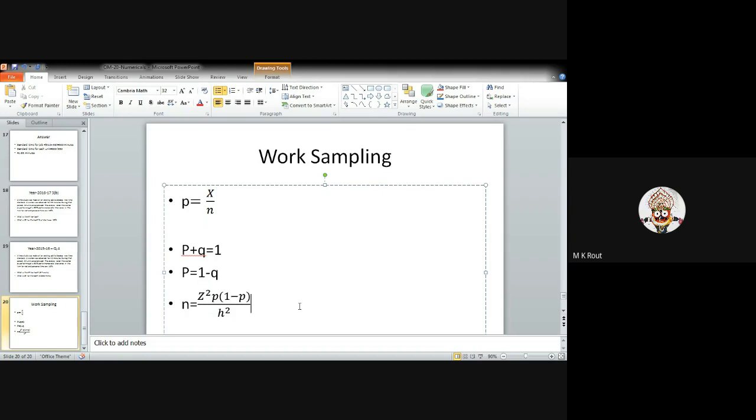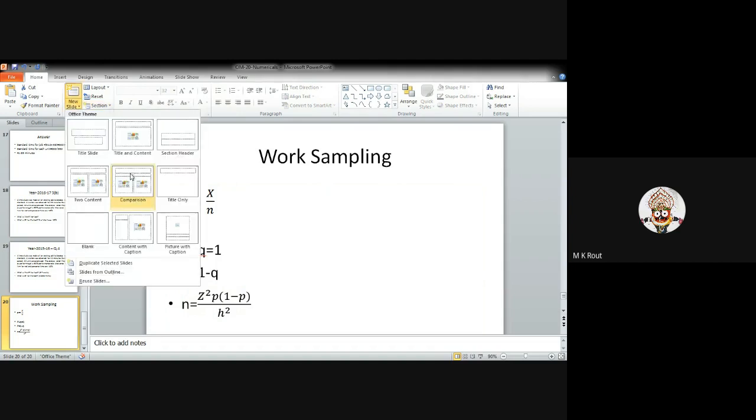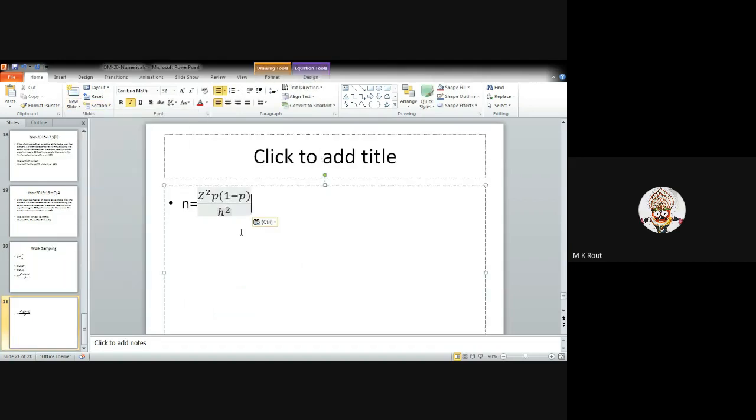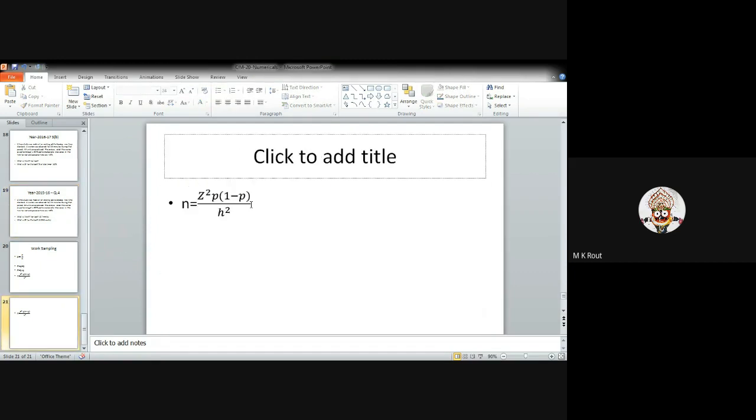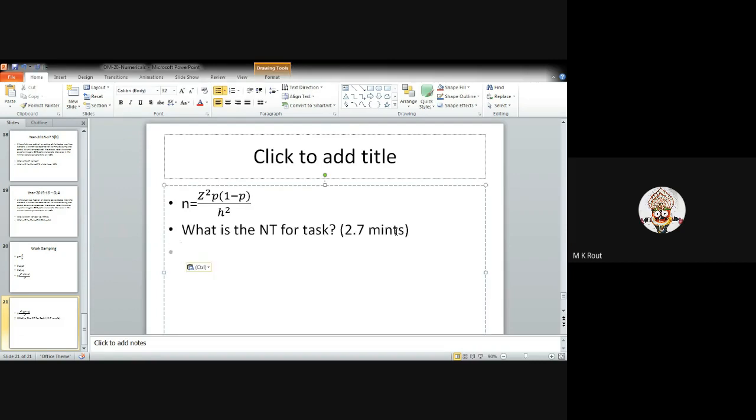Here Z stands for confidence level and h equals absolute error.